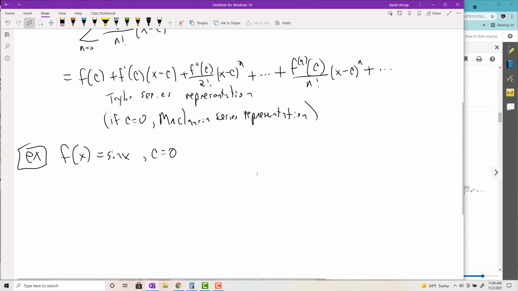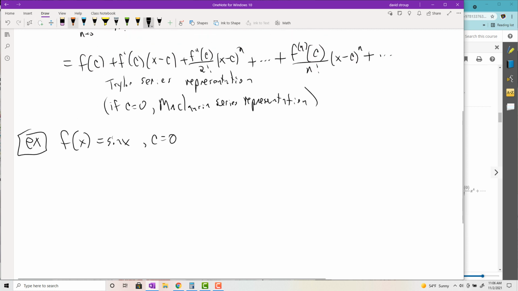Okay, so in order to pull this off, we basically need to find these things. And then you're basically just filling in the boxes, right? So you need these guys. Okay, so you need to figure those out. Right, so I got f of x is sine x.